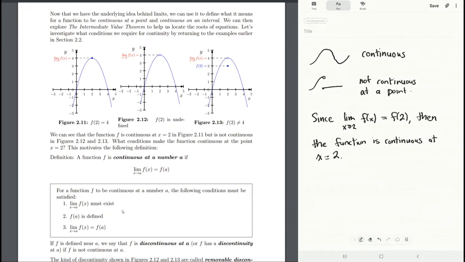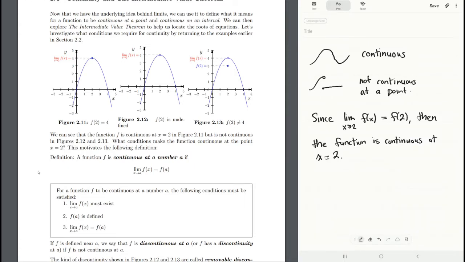So the second condition is not satisfied for the second graph. Now if we look at the third example, we see that the function is defined at the point where x equals a. The two-sided limit exists. However, the two-sided limit does not equal the function value at a. And so the third condition is not satisfied for the third example.